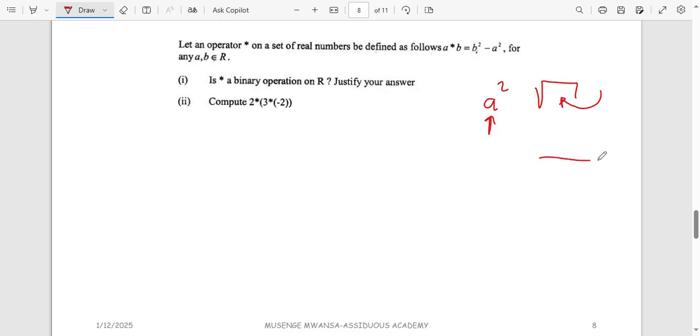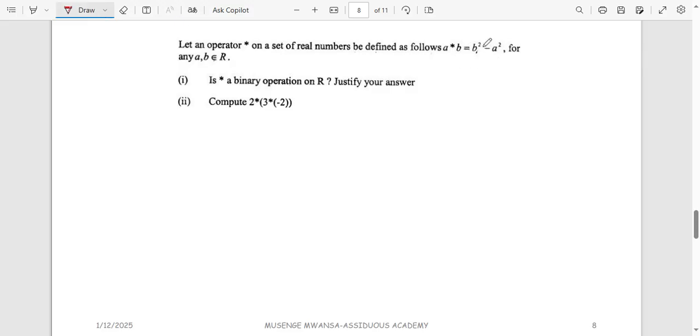And when you have a fraction, let's say a over b, the answer is not always a real number, because when b is 0, that is undefined. So take note when you are given a root or a fraction, you might have differences when it comes to the operation.